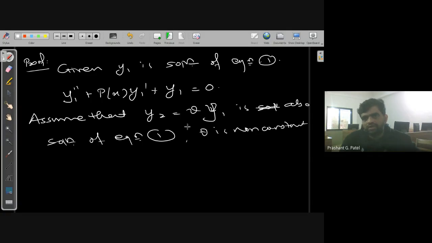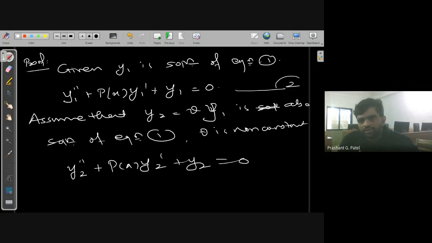Otherwise, if it is constant, then it is linearly dependent and has no meaning. So it must satisfy the same equation: y2 double dash plus p of x y2 dash plus q of x y2 equal to 0. I call this equation 2 and this equation 3.